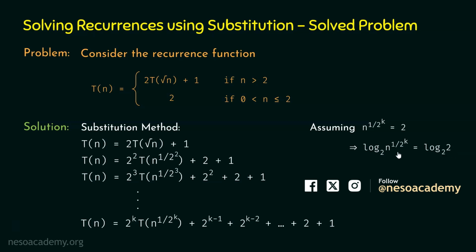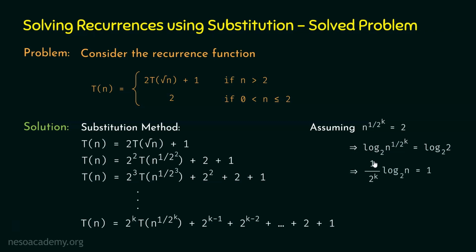Now what about the LHS? Here we have log of n power 1 by 2 power k, base 2. We can apply the property of logarithm here. Log a power b base c is the same as b times log a base c. So 1 by 2 power k will come in front of log n base 2.